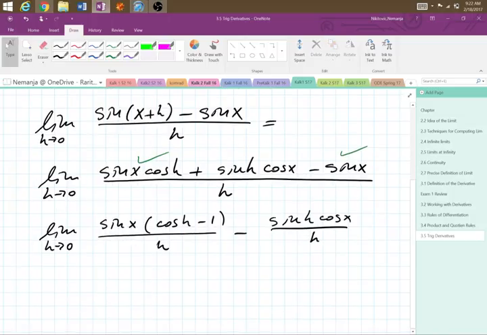And if you take a look at this, right, this part over here is 0 because of the definition of the limit up there. That part is 0.